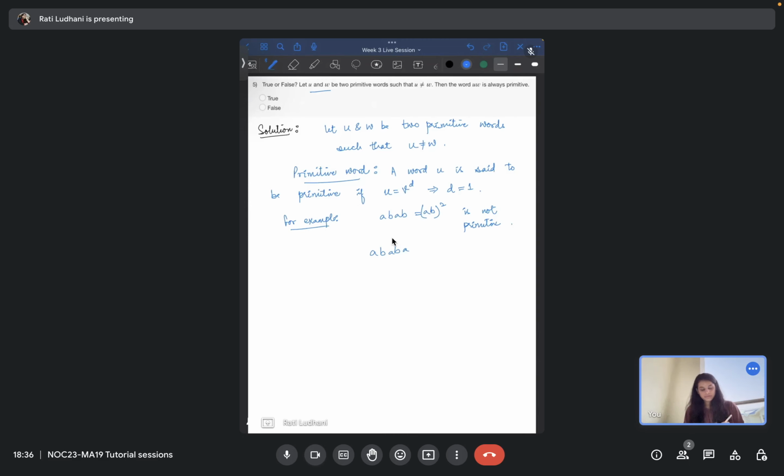So this is primitive because you cannot write it as B raised to power D where D is bigger than 1. So that is the case. Okay, so I hope this is clear, the definition.